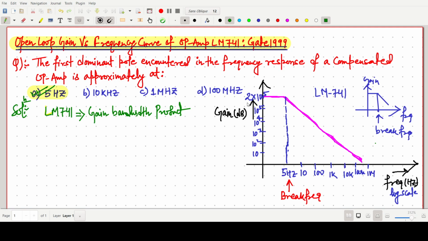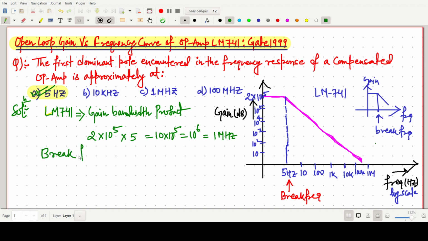The gain is 2 into 10 to the power 5, and the corresponding break frequency is 5 hertz. So the product is 10 into 10 to the power 5, so 10 to the power 6, which is 1 megahertz.